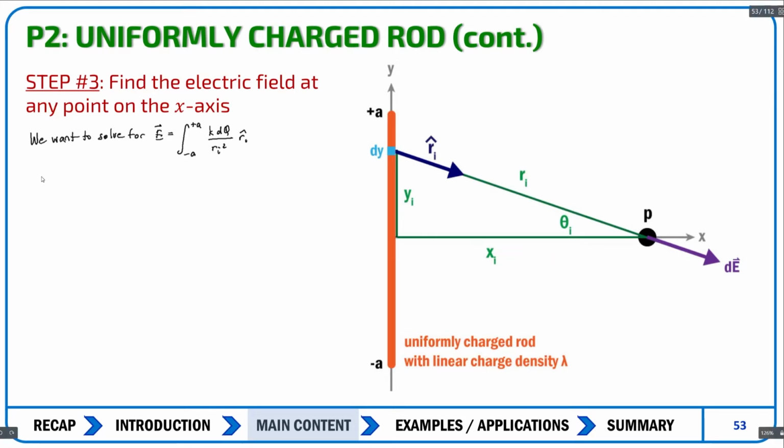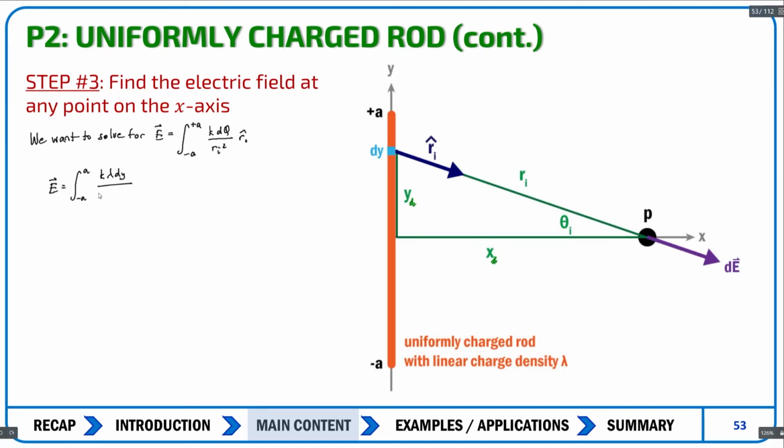So why don't we break that down further? We have E equal to the integral of k lambda dy over, and we can say this is going to be, now we don't really have to put xi or yi, let's just do x and y to keep things simple. So get rid of this y.